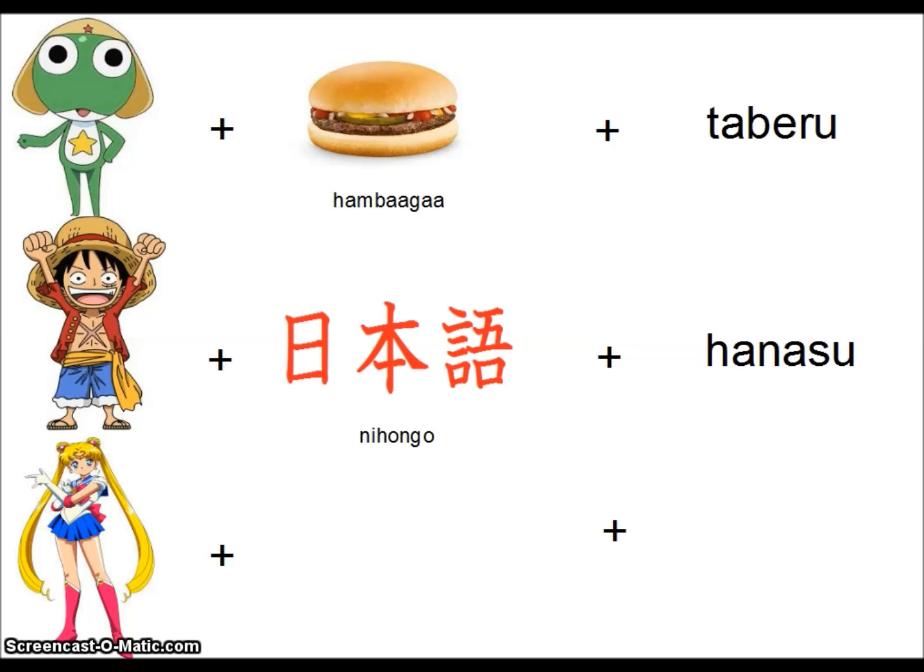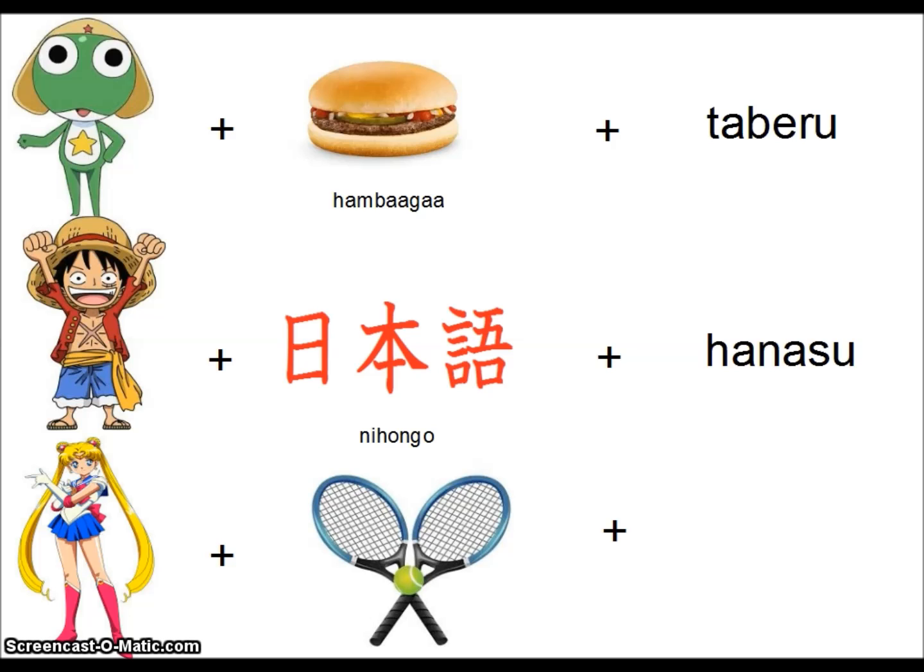Last but not least, we have Sailor Moon. If you don't know Sailor Moon, she fights crime in the name of the moon. She's just your average teenager who also happens to be a superhero at night. So Sailor Moon, and we've got tennisu, which is tennis. And the verb, suru, the to-do verb.